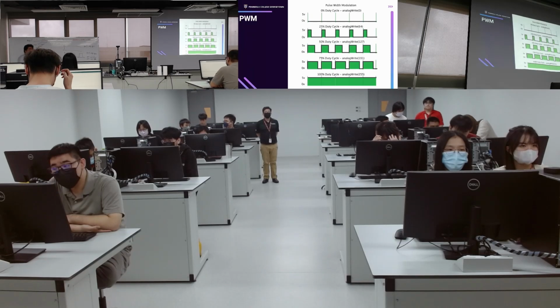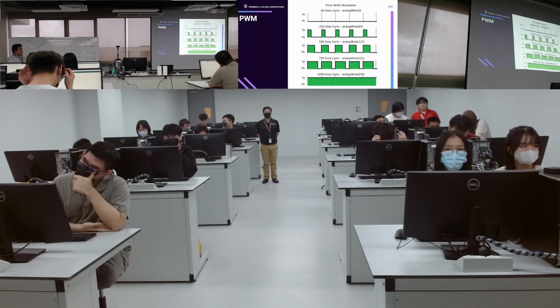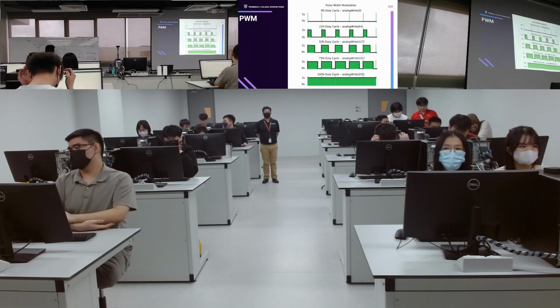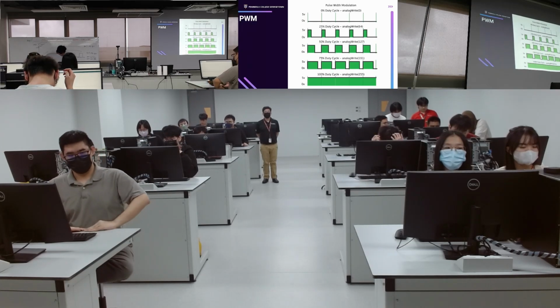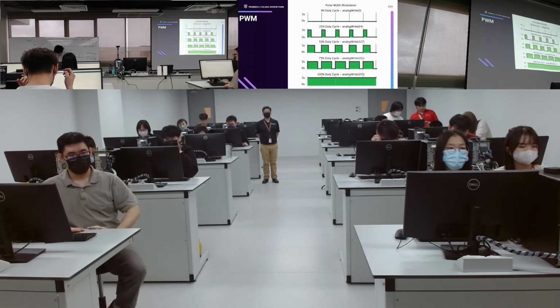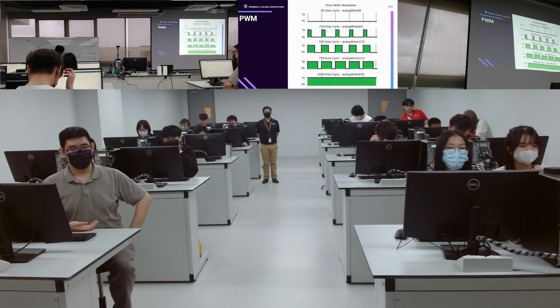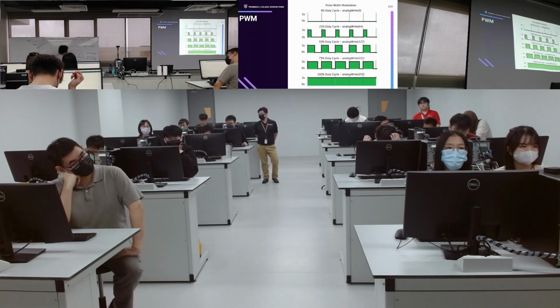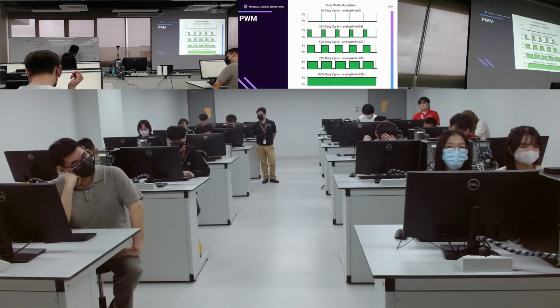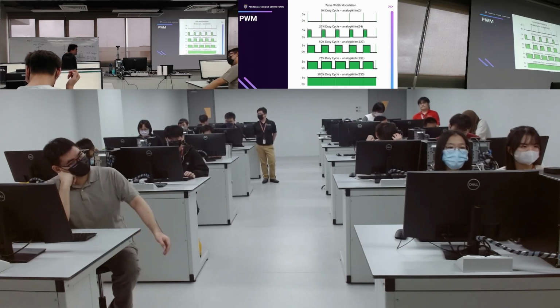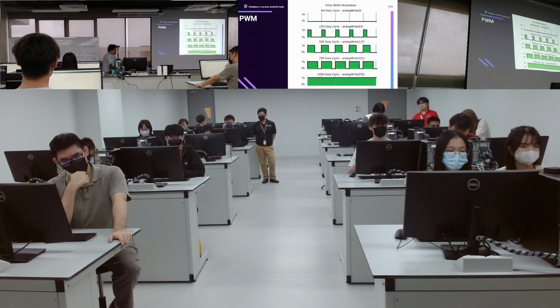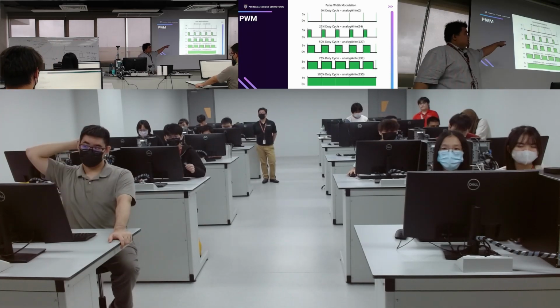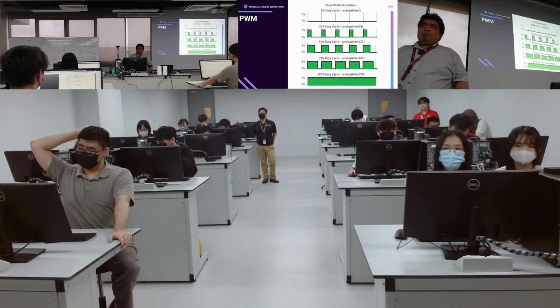Boleh? Okay? So you can decide how much for the duty cycle. Right? So this might be 75%. So in between the digital, there are turn offs. Right?